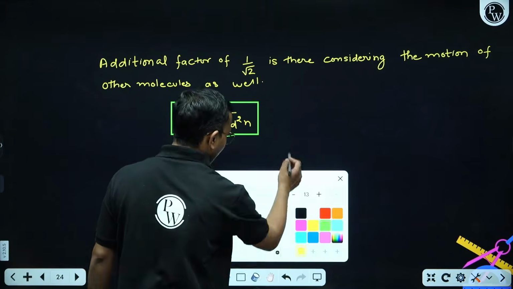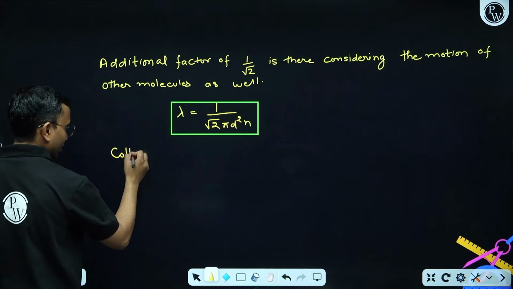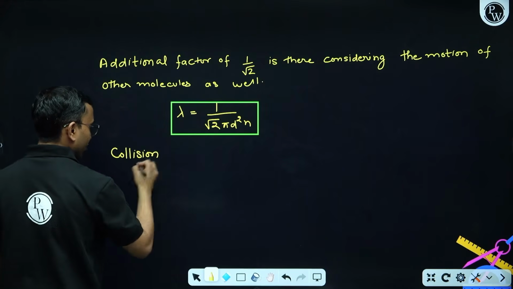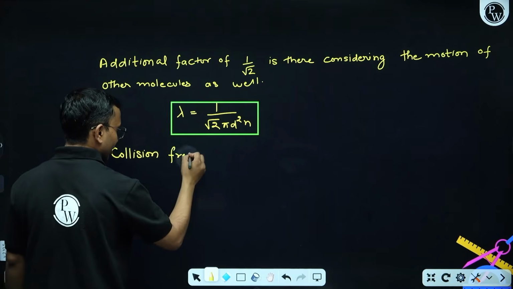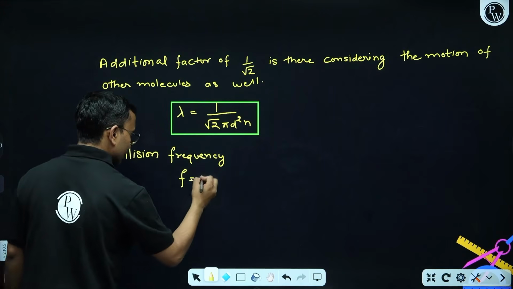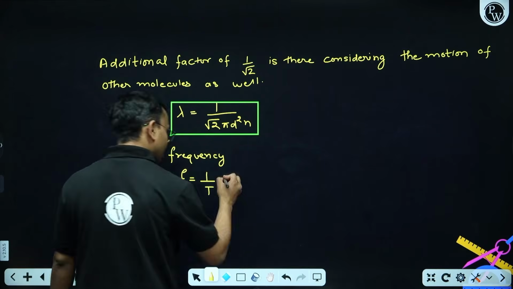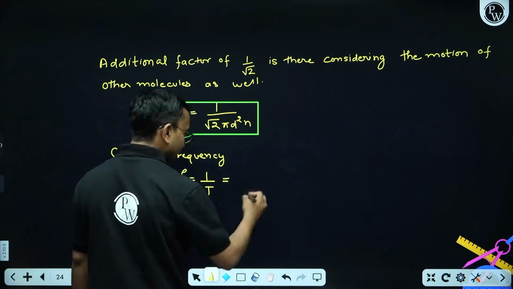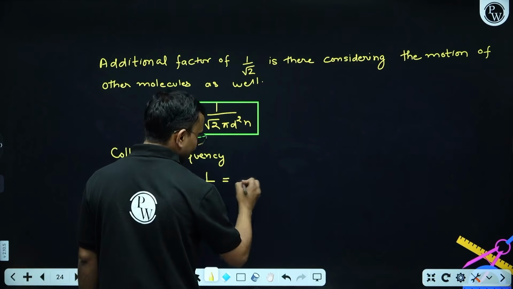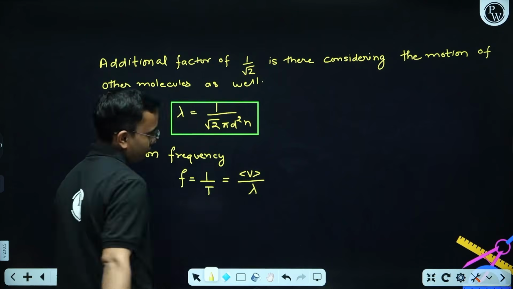Now let us talk about the collision frequency. Collision frequency is 1 divided by the time period of one collision. How much will the time period of one collision be? Time will be the distance it covers divided by the speed with which it moves.